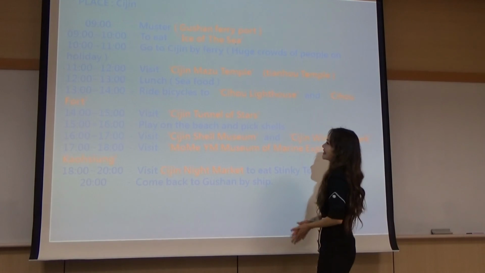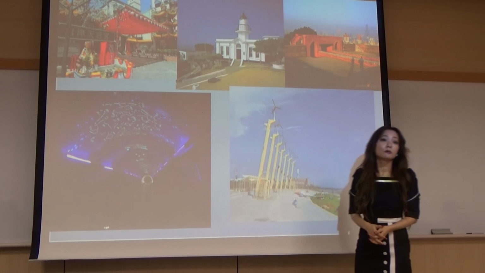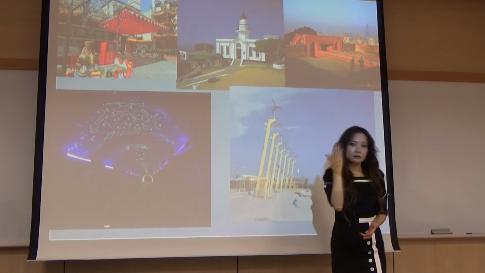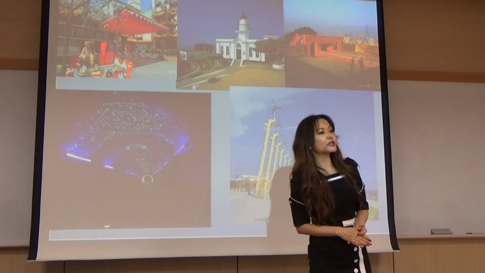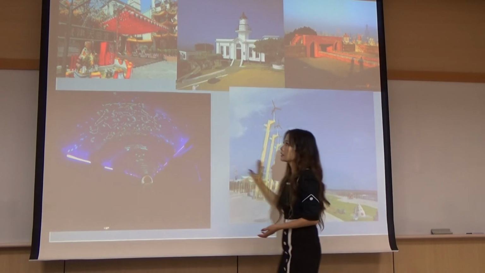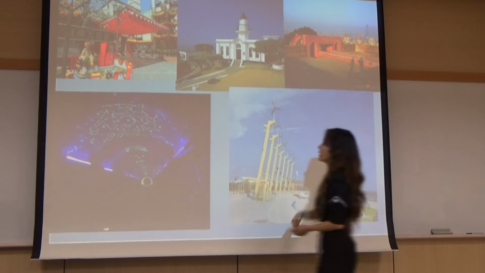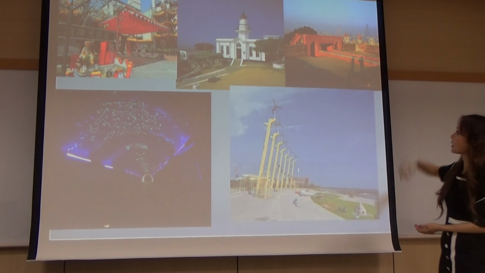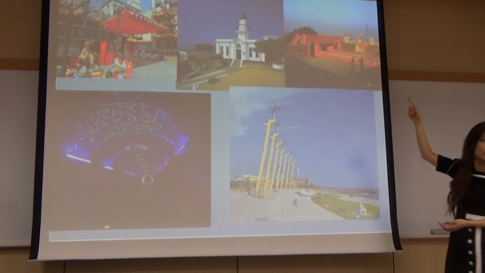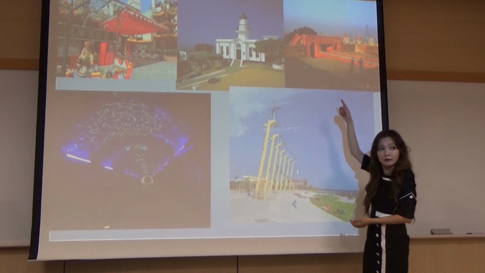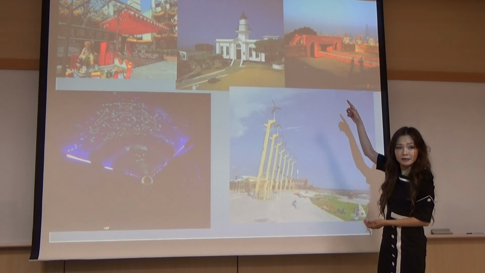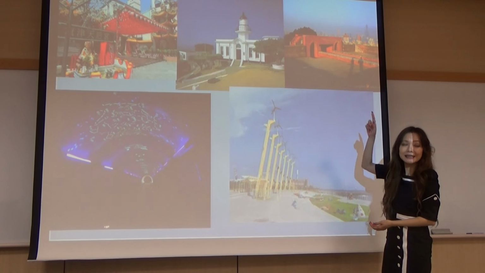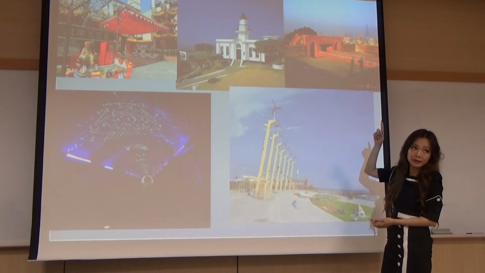Okay, then next. Alright then, remember I talked about visuals, something to grab the attention of the audience. Pictures work very well. You can see there's a temple, there's a lighthouse, and there's natural scenery. There is probably the historical Qiho Fort.